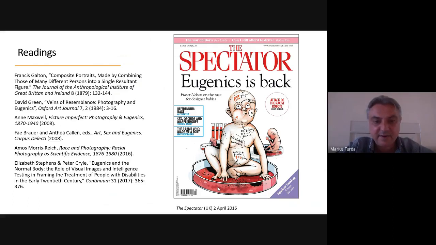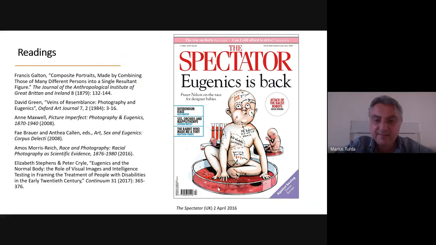The Spectator, a very well-known and influential British magazine, published this image, and in a way it reconfigures the entire discussion about genetic fitness and how eugenics is a way of going back to discussions that we highlighted here about what is desired, what is undesired, how the babies represent the future, and how, in a way, we can easily explain this to the general public with a very powerful image.